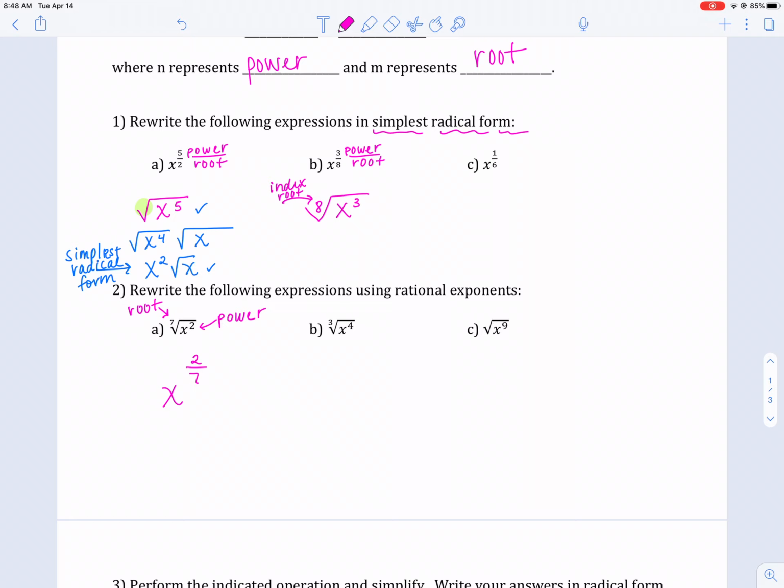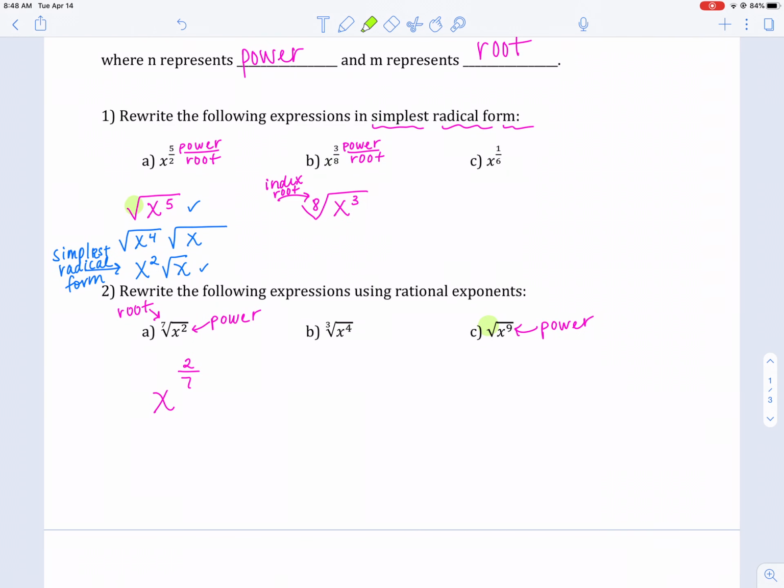So try the next. Actually, I'm going to make you try B. I want to do C with you because I think C is a little bit trickier. I know you'll all see that your exponent or power is 9. But what's the root? It's missing. What's that number when it's not there? It's actually 2. It's the square root.